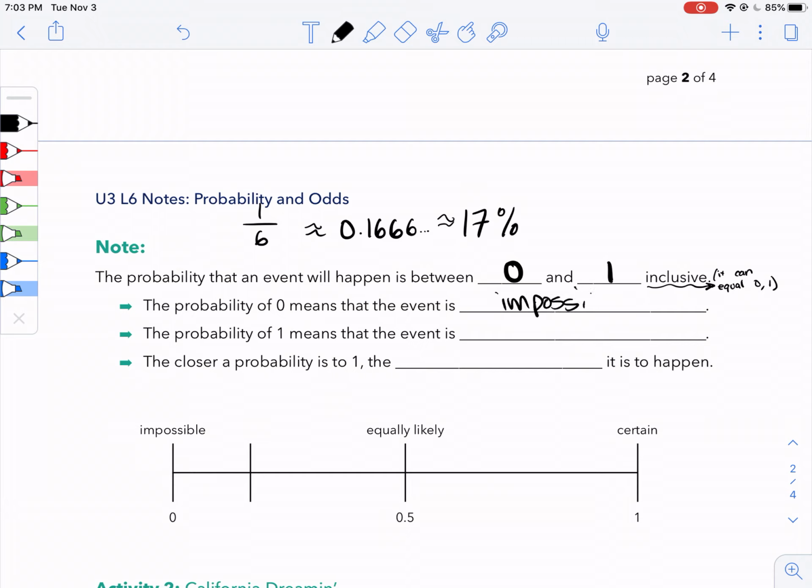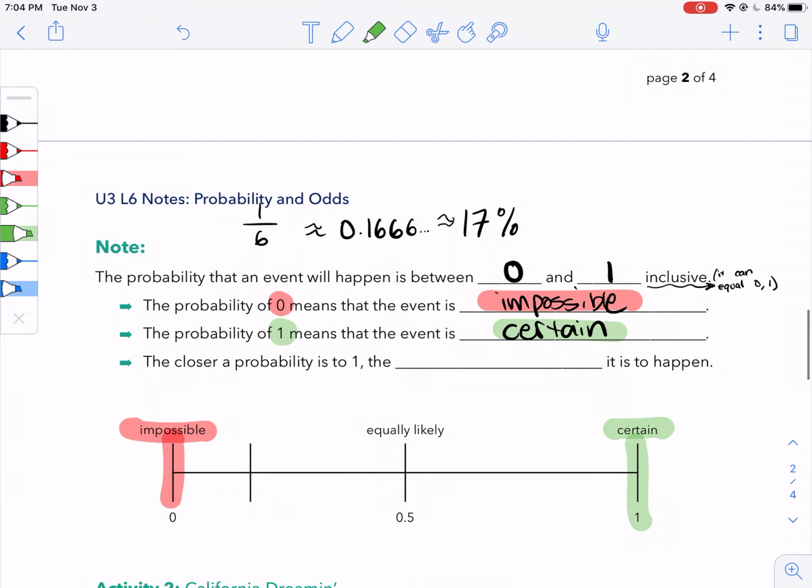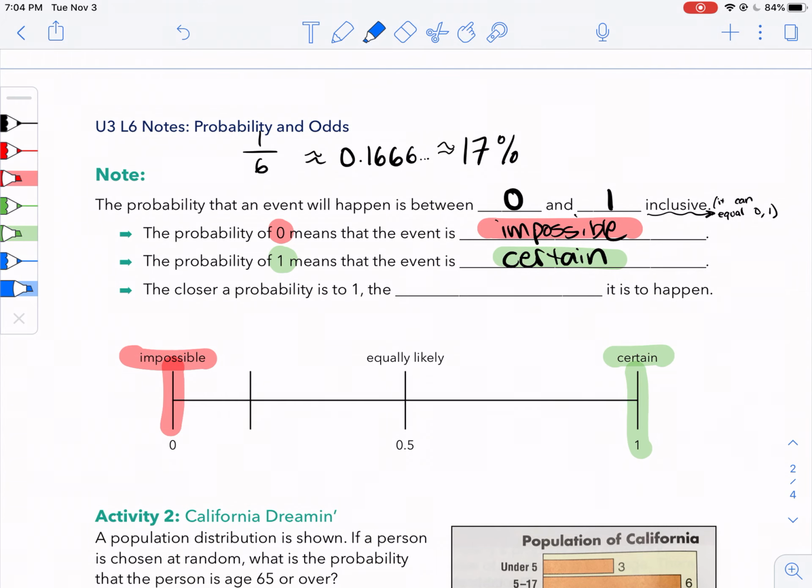It can't happen, 0% chance. If you have a probability of 1, that means the event is certain. It has to happen. It is for sure. And the closer the probability is to 1, the more likely it is to happen.